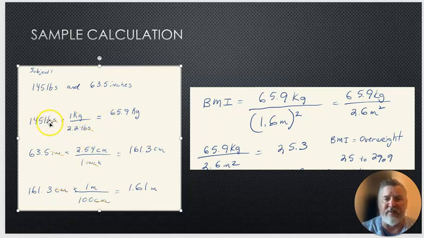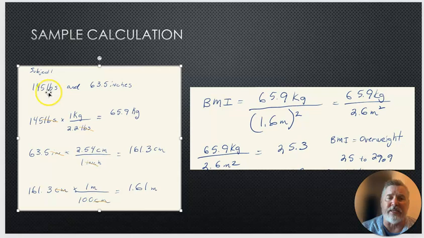We divide 145 by 2.2 and get 65.9. For centimeters, to go from inches to centimeters, the conversion factor is 2.54. So 63.5 times 2.54 divided by 1 inch for every centimeter, we get 161.3 centimeters. To change that to meters, we simply move the decimal place 2 to get 1.61.